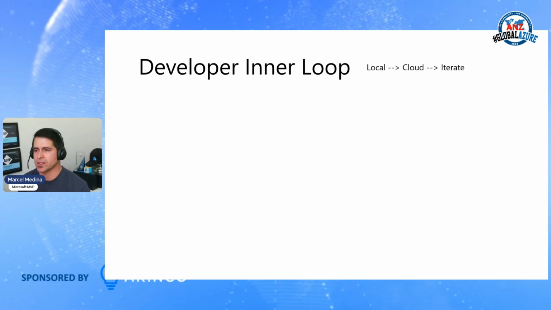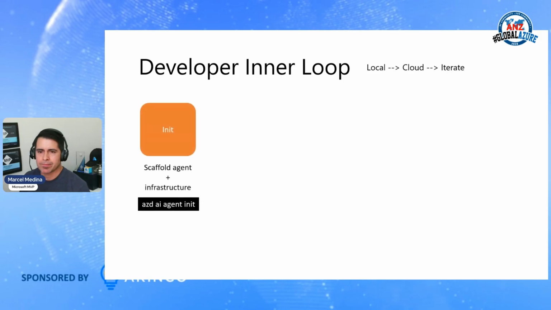So the Azure Developer CLI allows us to create our own extensions. And now the product team has created this AI extension that fulfills our developer needs, where you can transition from local to clouds and iterate on that. So the AI agent extension provides you with a way to scaffold and create your infra.